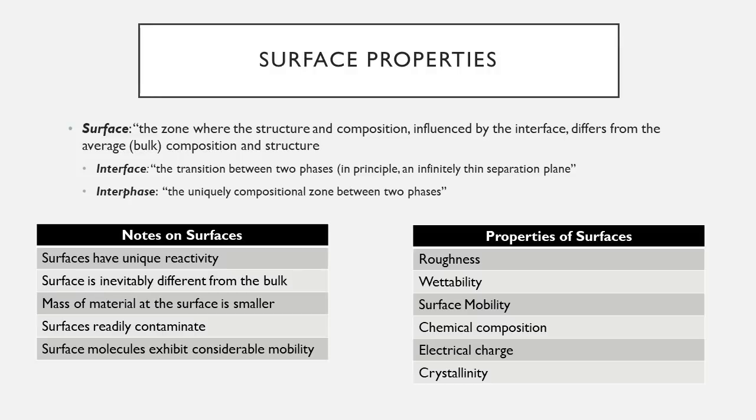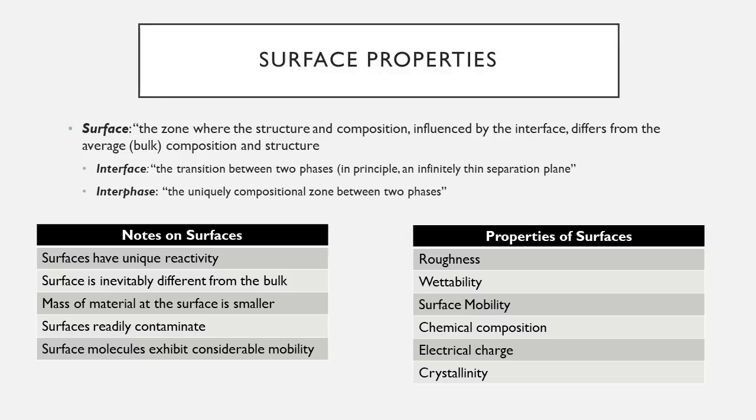Also, the surface of a material is inevitably and inherently different from the bulk of it. We can't use the same ways of measuring bulk properties, like stress versus strain, on a different type of dimension like we would find on the surface. So we have to have unique ways of measuring it and consider it from a different angle than we would bulk properties.